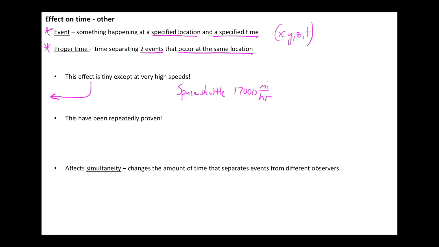Where can I be that's 5 miles from here? The other side of the Bay Bridge-ish, something like that, in a second. Space shuttle's moving fast. It turns out that is approximately 1/39,000th of the speed of light.